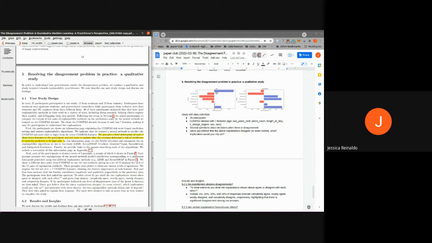And for Lime, it is the most important and related to the positive class. And there are these differences, and a very clear distinction here is that the race is the most important feature for kernel SHAP.